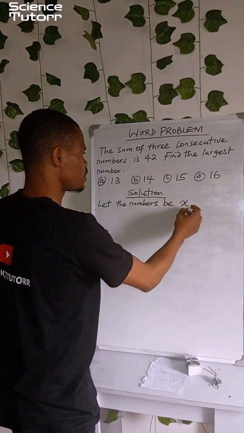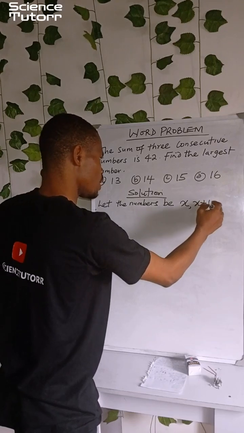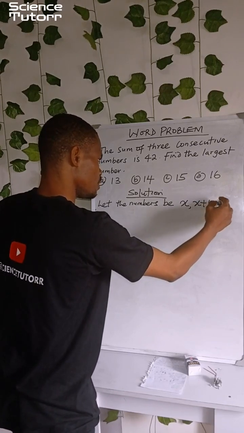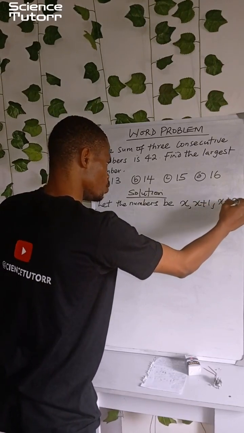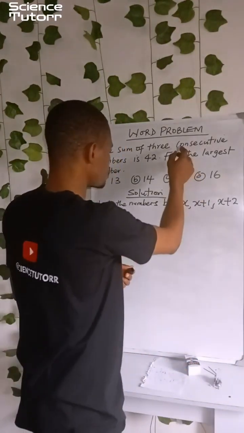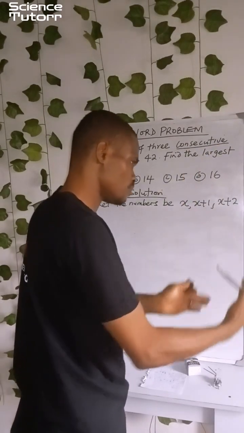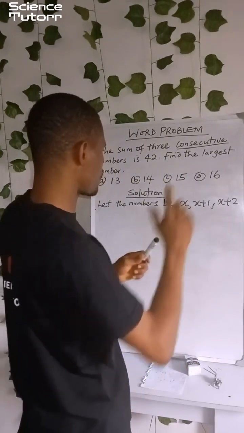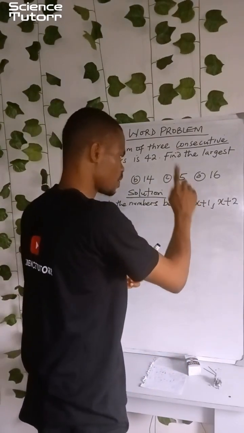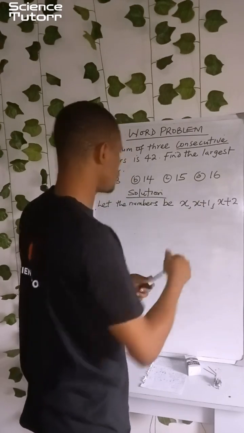The first will be x, the next will be the addition of 1, that is x plus 1, the next will be x plus 2. So I'm adding 1 to each of the numbers. Since it is called consecutive, that means one after the next. So the first number represents x, the next is x plus 1, the next is x plus 2.